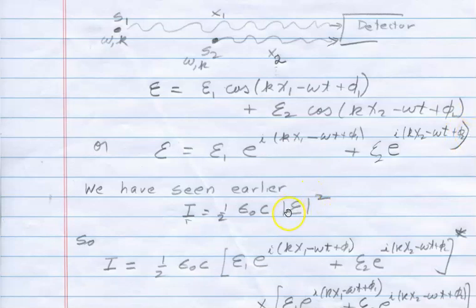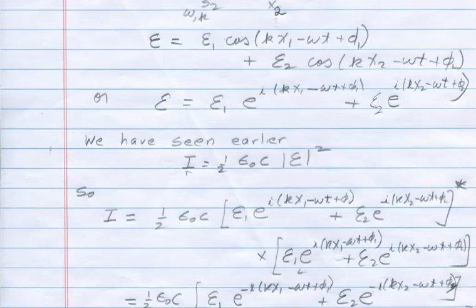In general, this E is a complex entity, and so I have to take the complex modulus squared, which is the same thing as E star E, and that's what I did below. This quantity for the intensity at the detector is this.